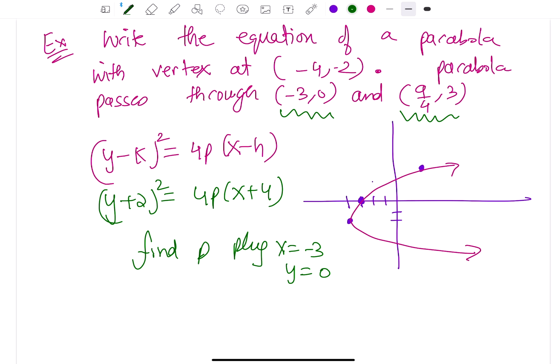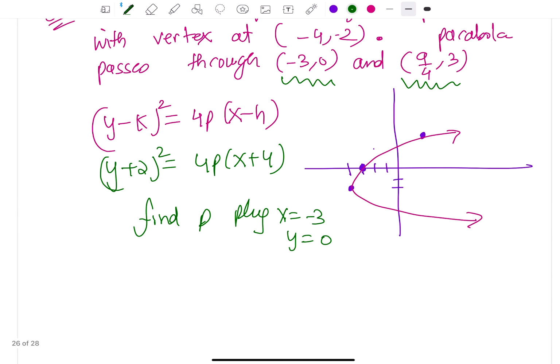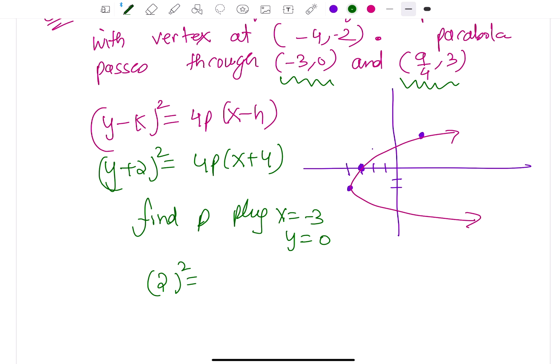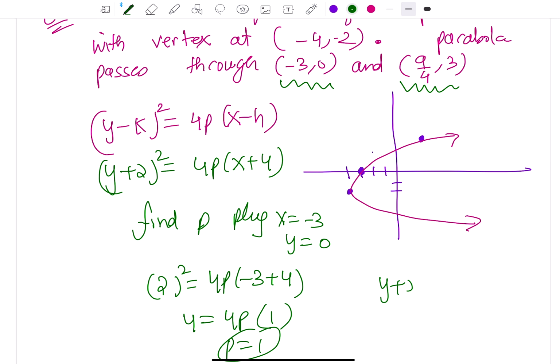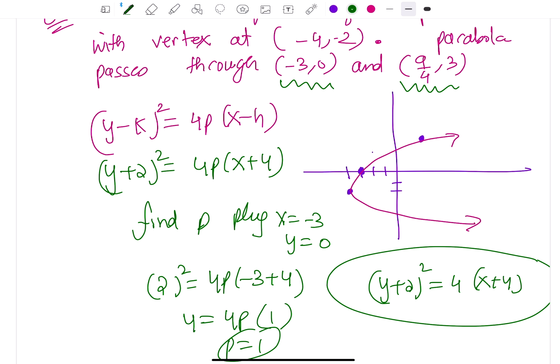It's easier to plug this point in, so I'm going to be using this point. y as 0 and x as negative 3. Negative 3 plus 4 is 1. 4 is equal to 4p times 1. p comes out to be 1. So my equation is y plus 2 squared equals 4 times x plus 4. And that's our equation for this parabola. That was all about parabolas.